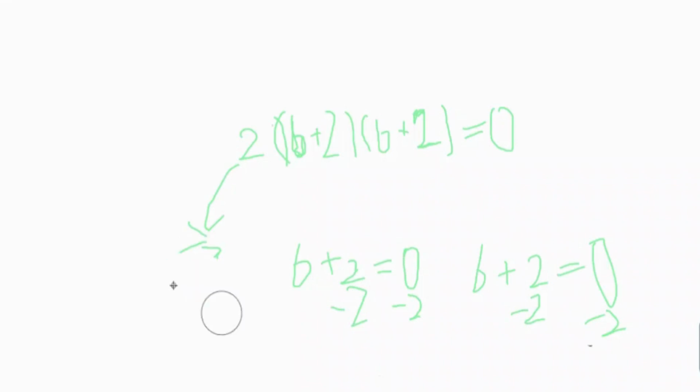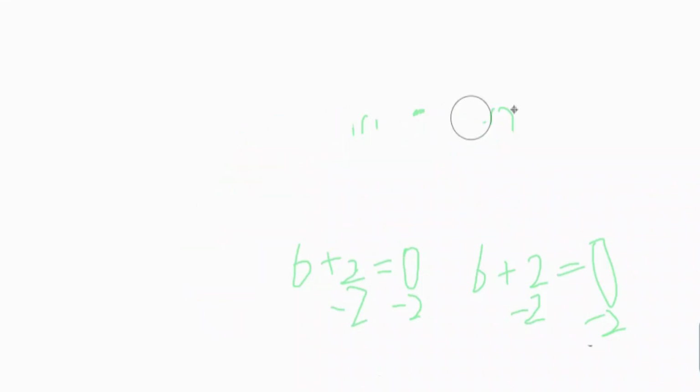And then let's clear this out here once again. So then we get b equals -2, and b equals -2.